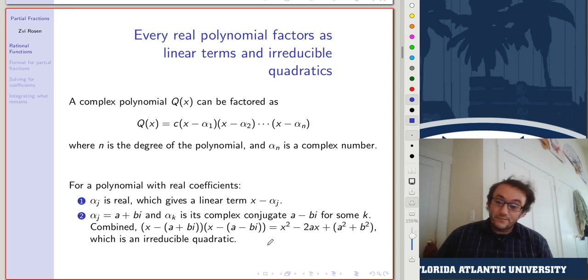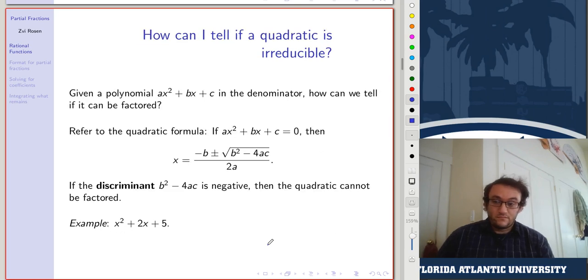And when you combine those, you get x squared minus 2ax plus a squared plus b squared, which is an irreducible quadratic. Okay, so that explains how your polynomial will always factor into linear terms and irreducible quadratic terms.